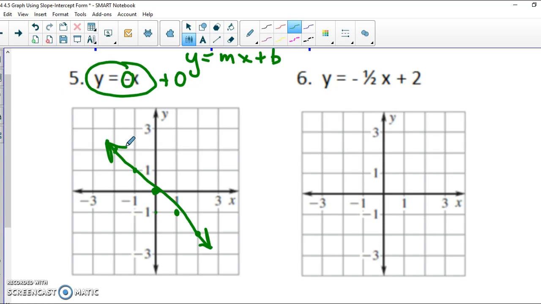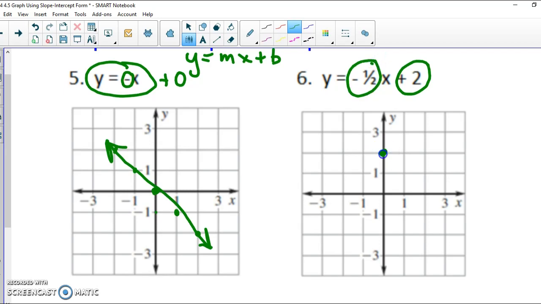On number 6, here I have a clear y-intercept of positive 2. That's my b value. So I can put my point on the y-axis at positive 2. And from here I can use my slope, my m, to calculate my rise over run.